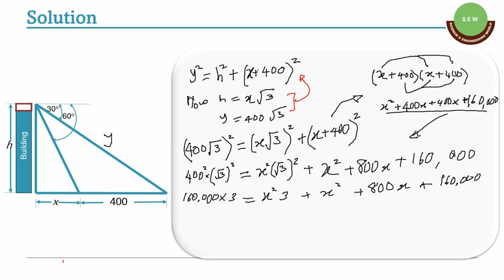Again, let's make it neater again. 160,000 times 3 will give us 480,000, will be equal to 3x squared plus 1x squared will give us 4x squared plus 800x plus 160,000.